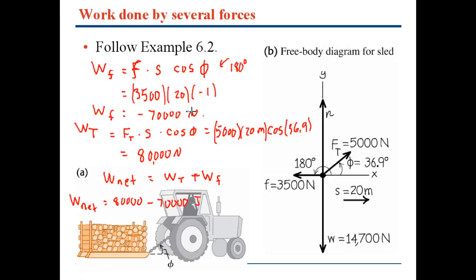I said newtons earlier. It's going to be joules. Joules is the unit of work, as I mentioned on the second slide. So the net work done was going to be 10,000 joules.